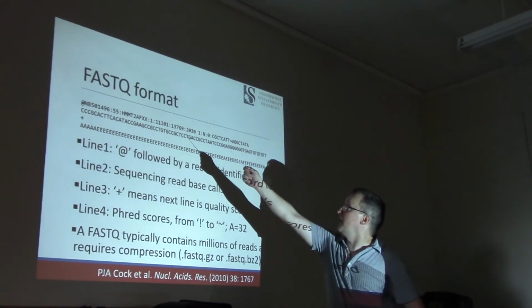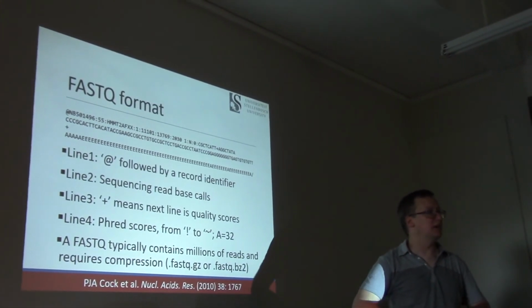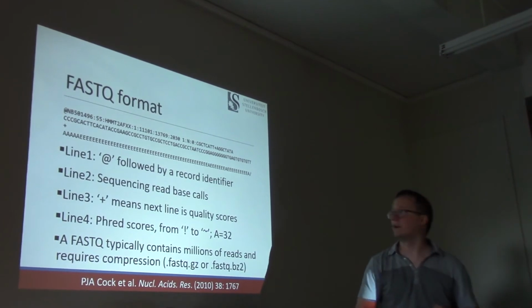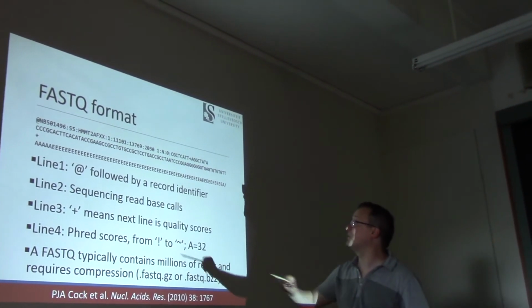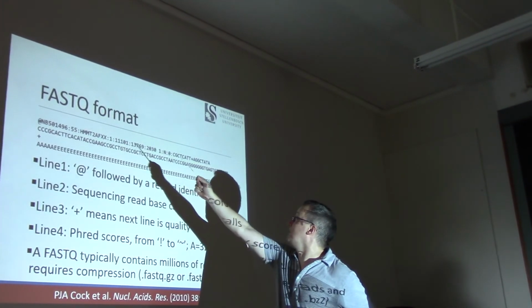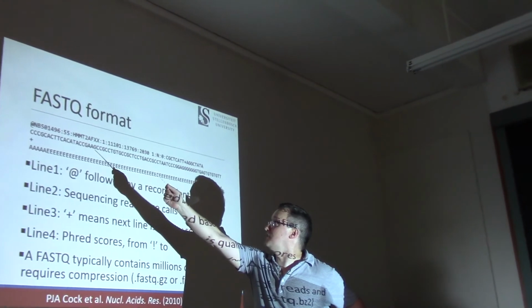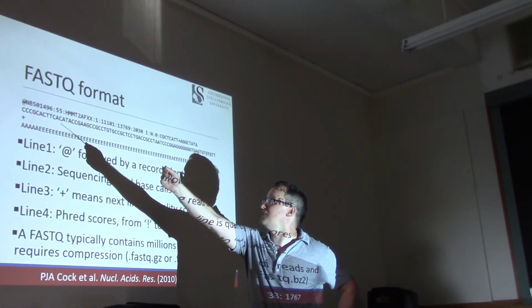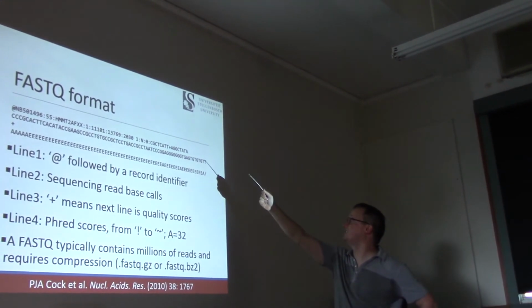So this first line, starting with an @ symbol, we're not making a direct call out to somebody on Twitter. The @ symbol here means this is the address of this particular sequencing read. It's got a nice long sequence associated with it, but then in line 2, we have CCC, GCA, CTT, and so on, all the way down to GTT.